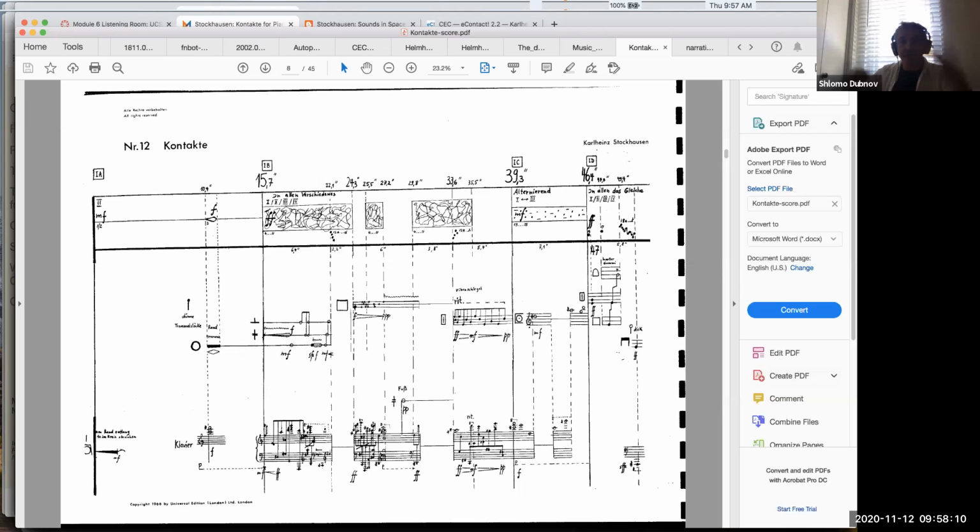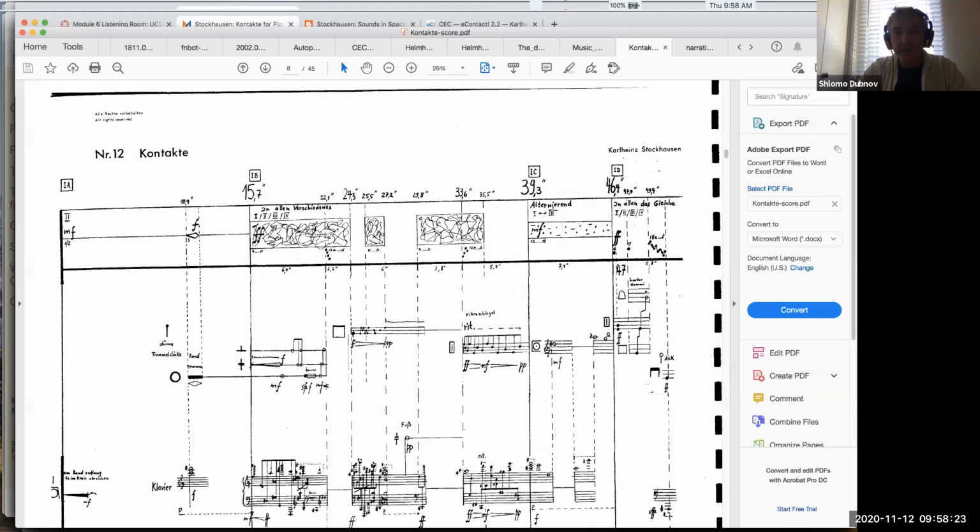So here you have a lot of things going on. I don't know how you could paint this, or maybe gesture this in some way. Here you have some smaller points, right? You have these little sound blips that happen.